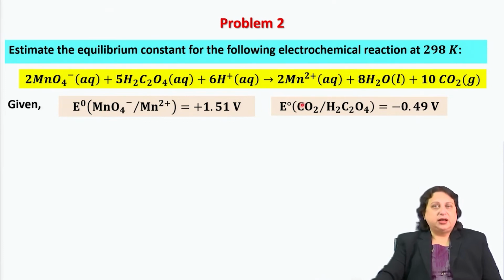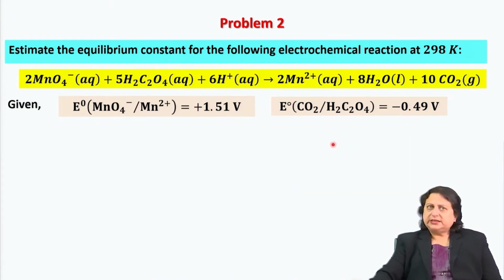Similarly, carbon dioxide to oxalic acid is also a reduction reaction, and I find that the standard reduction potentials for these two redox pairs are plus 1.51 volt for permanganate to manganese 2 plus, and minus 0.49 volt for carbon dioxide to oxalic acid or the oxalate anion.